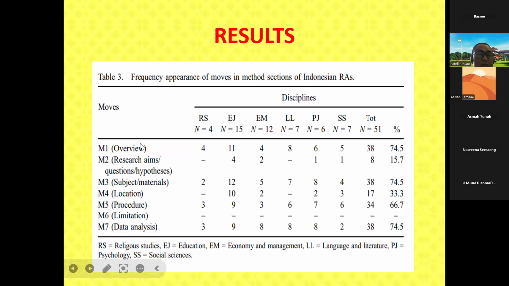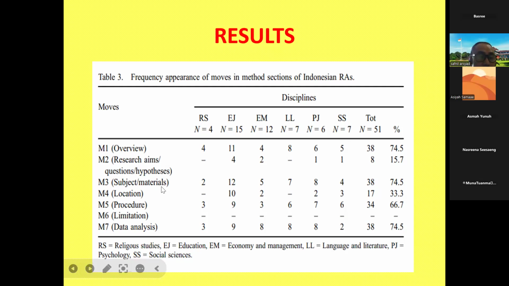So I used the Peacock model, you see here, seven moves of the method section. I found overview is the most dominant subsection or component, or subheading in the method section. Most of the journal articles have this move, 74.5%.